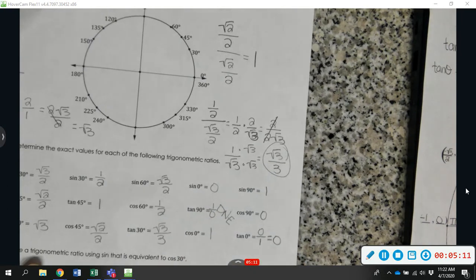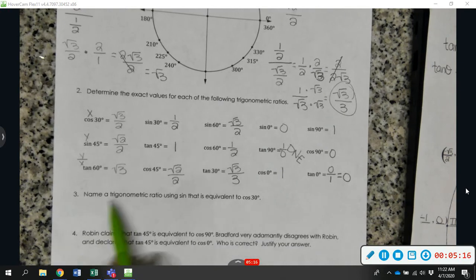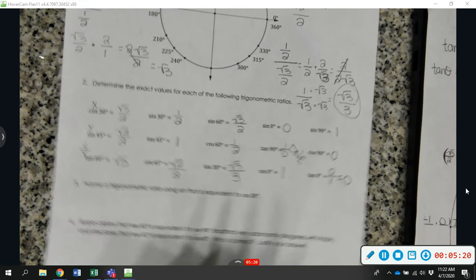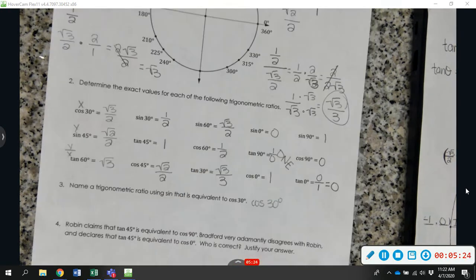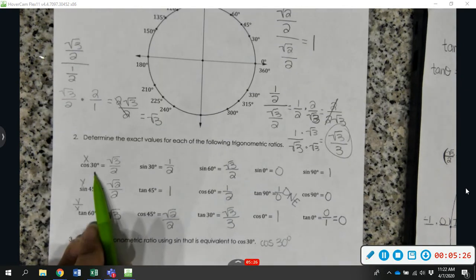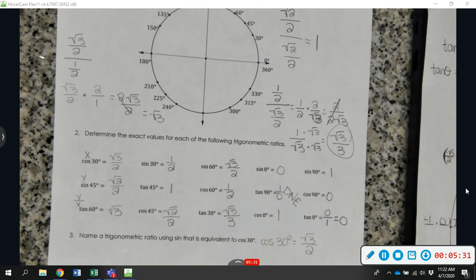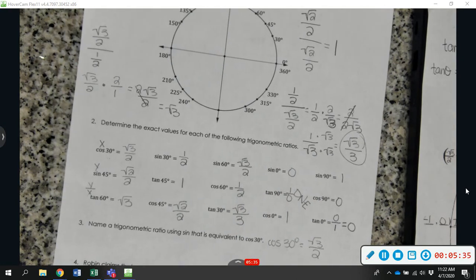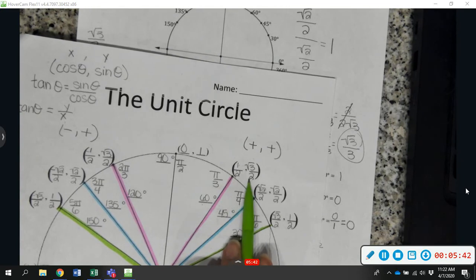So, now we want to name a trig ratio using sine that is equivalent to cosine of 30. Well, cosine of 30 degrees, we found that up here, it's rad 3 over 2. So we just need to find a sine value that gives us that same value. Remember, sine is y's. So if I look, I could say sine of 60. That works.